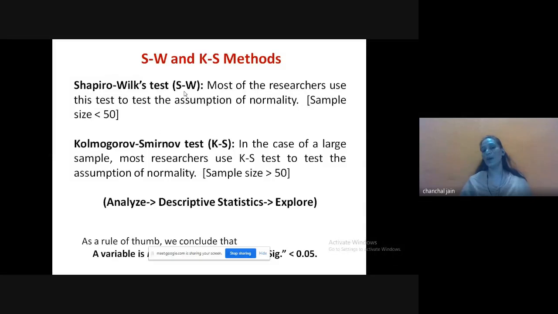If after applying these two tests the significance value is less than 0.05, then we can say we are unable to accept the null hypothesis. And the null hypothesis is that the data is normally distributed. So we can say the data is not normally distributed because the significance value is less than 0.05. So this is the interpretation of these two tests.